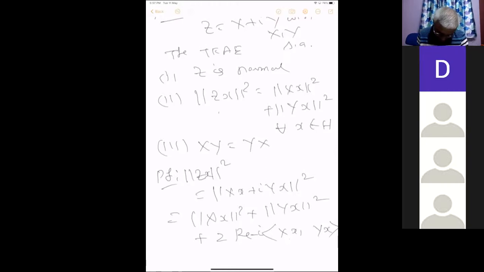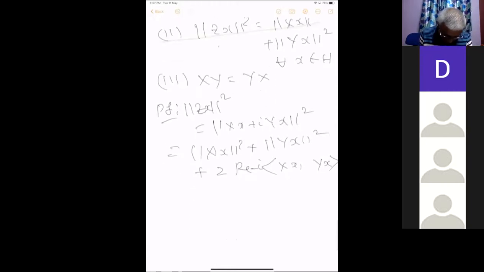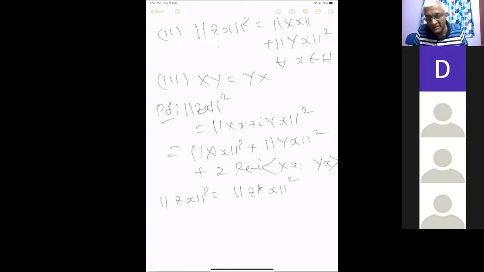On the other hand, norm Zx squared is also equal to norm Z star x squared. We proved it for any normal operator: norm Tx equals norm T star x. For any operator, norm T and norm T star are the same, but that's the supremum. But for each particular x, norm Tx equals norm T star x. We proved it for a normal operator in the class before.